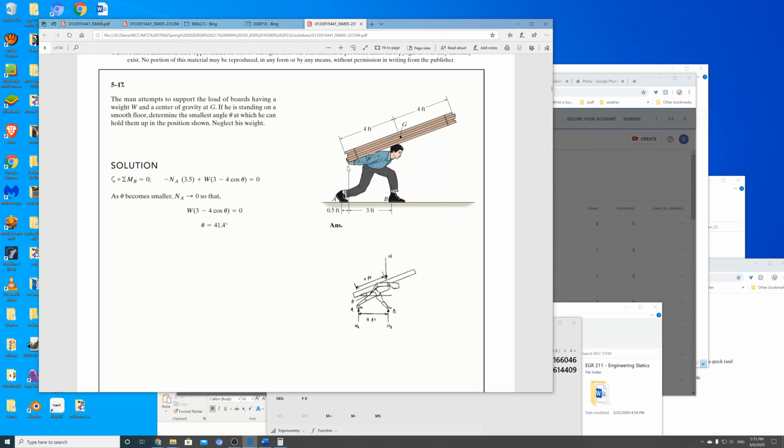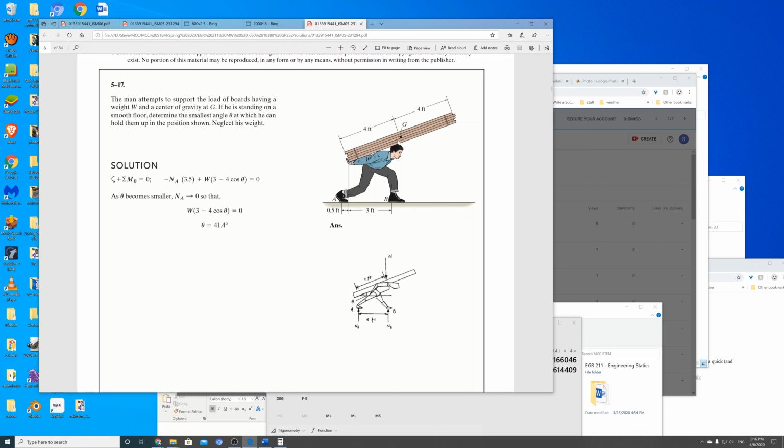The 3 is essentially from here to B. So what you're actually looking for is the point at which G is essentially right over B.